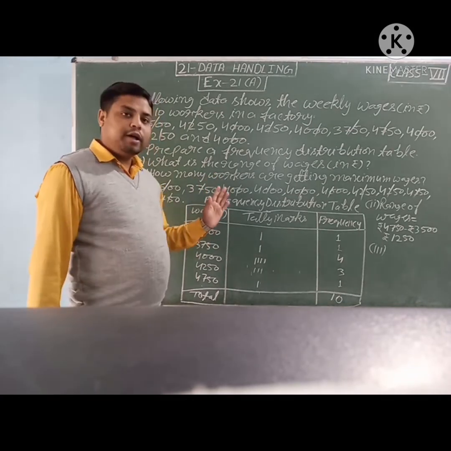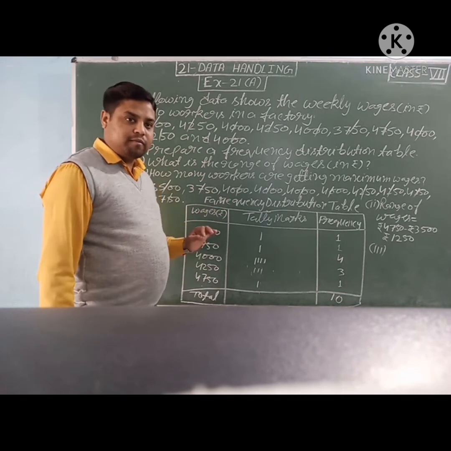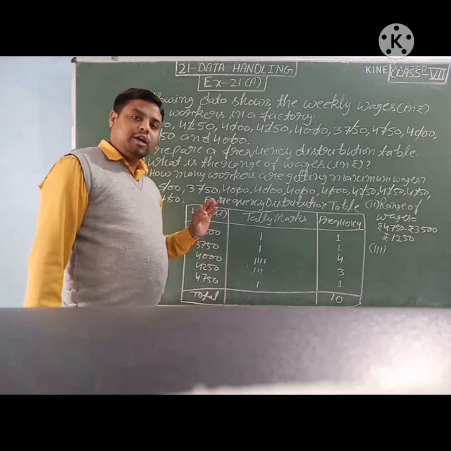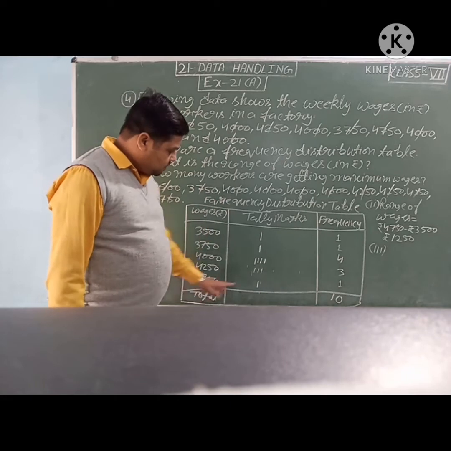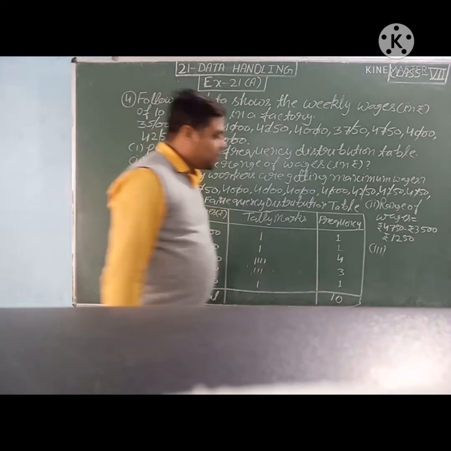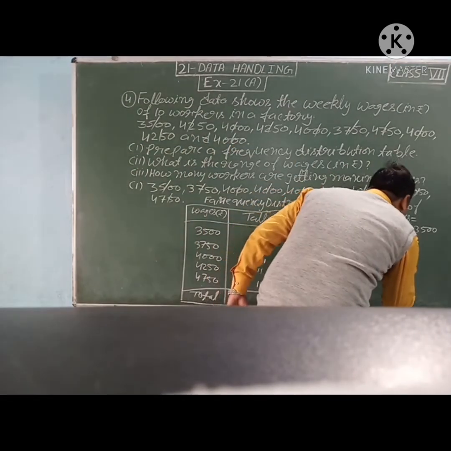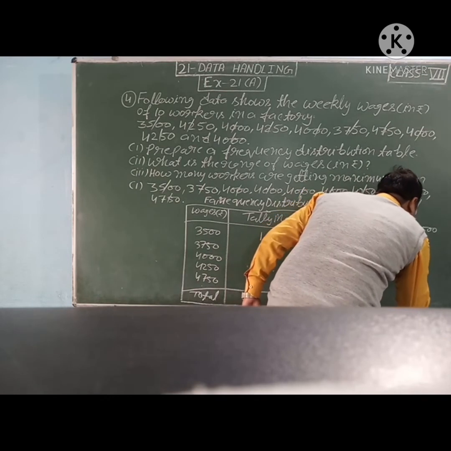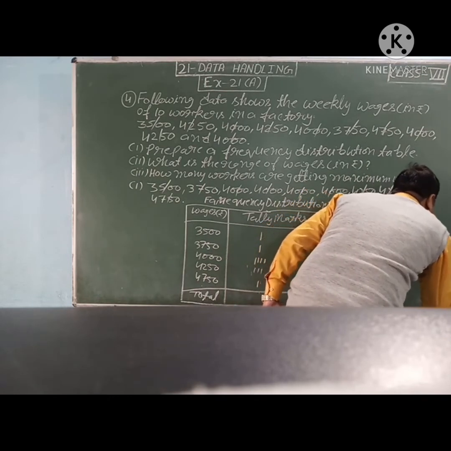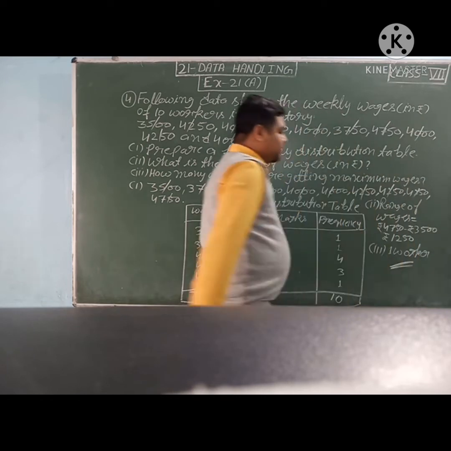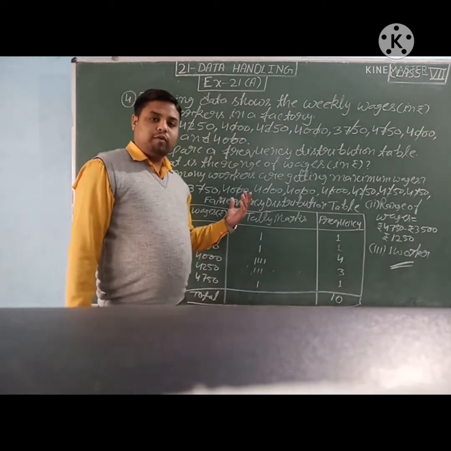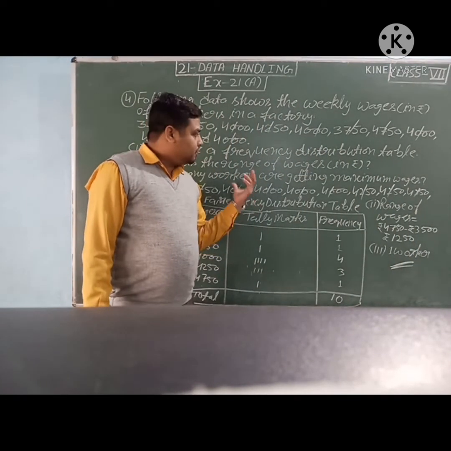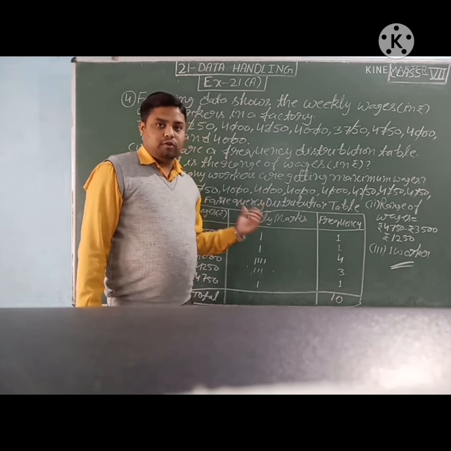And in the third part, how many workers are getting maximum wages? So how many workers are getting wage rupees 4,750? One worker. So what we will write here? One worker. So students, it was about question number 4. I hope you all understood this solution.